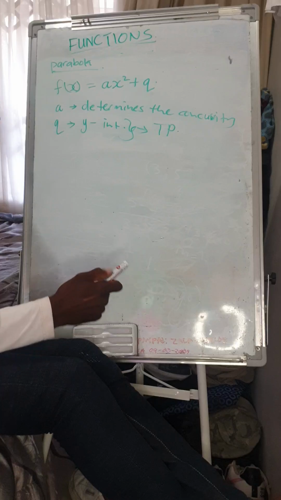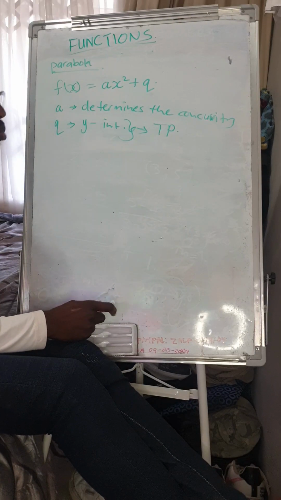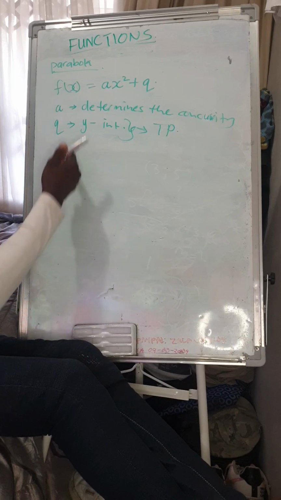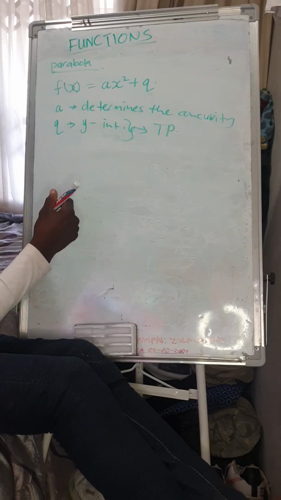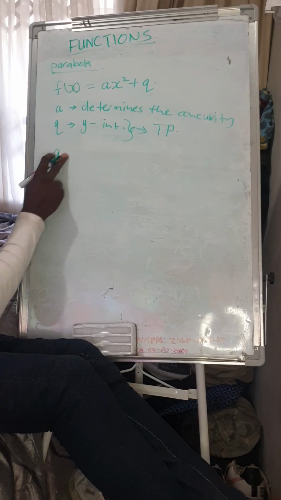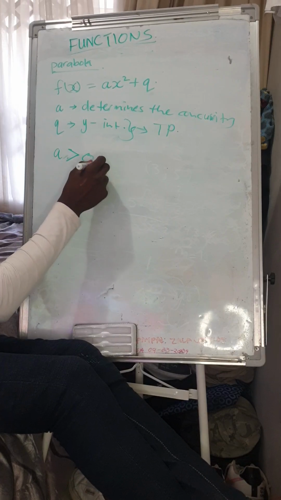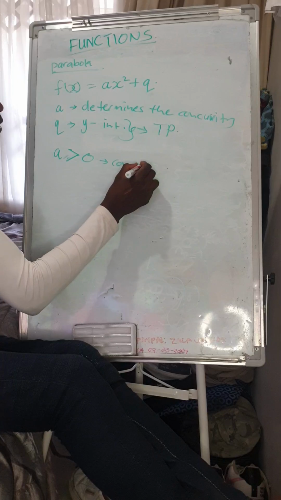Only in grade 10, this is your turning point. So that a, I've explained. Let's explain further about a. If a is greater than 0, it will be concave up.